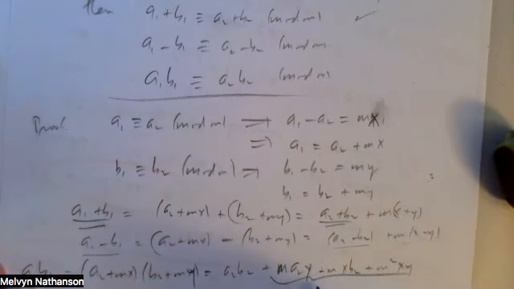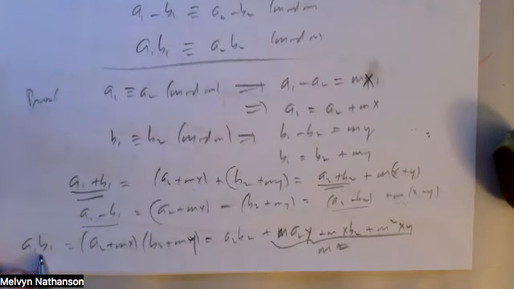But all of this except A2 B2 is a multiple of m. This is m times Z for some integer Z. So A1 B1 minus A2 B2 is divisible by m. So that proves these three properties of the congruences.